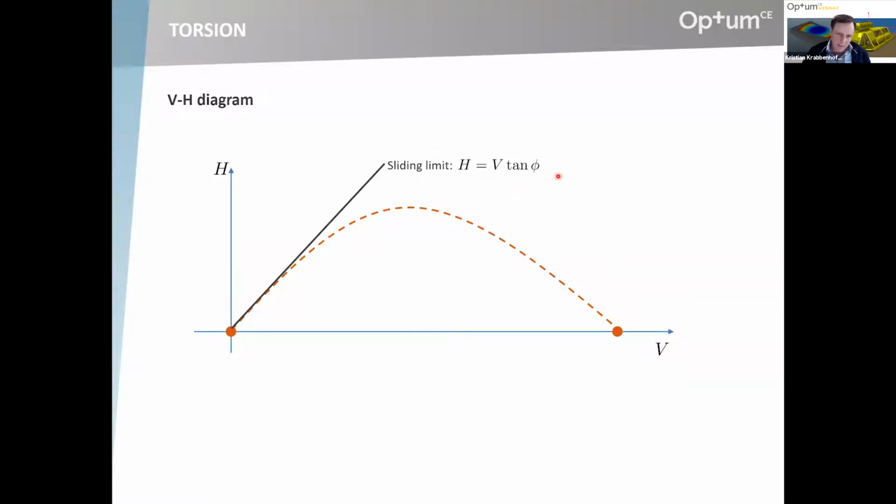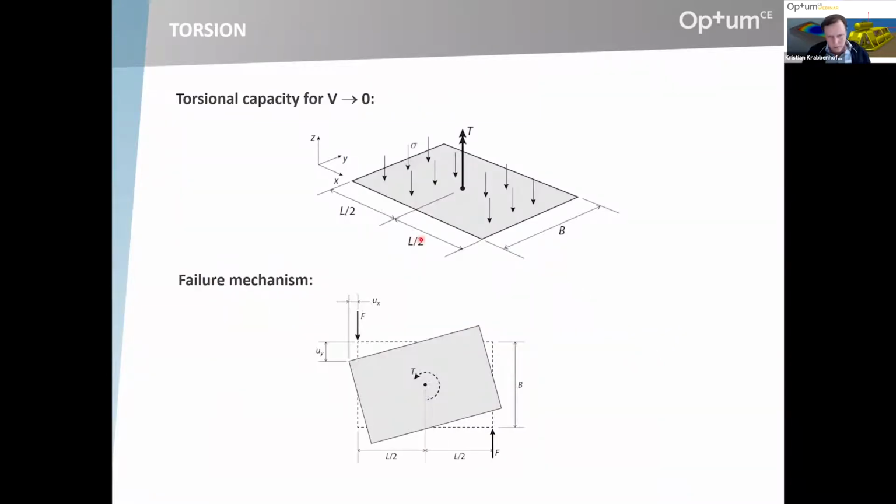It's just basically the basic Coulomb frictional limit, where the horizontal force, of course, can't exceed the vertical force times tan phi. It's similar, we would expect, when it comes to torsion, which also manifests itself in shear at the end of the day. And so that's what we looked at some time ago.